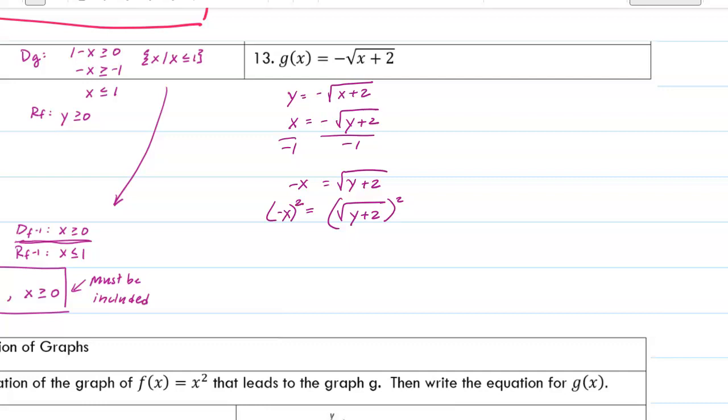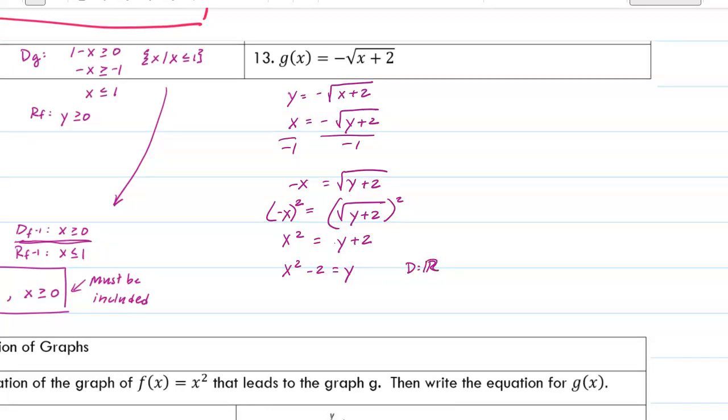When you square a negative x, it just becomes x squared. Okay. And then, let's see, x squared minus 2 equals y. Okay, so once again, a complete parabola with the domain being all real numbers.